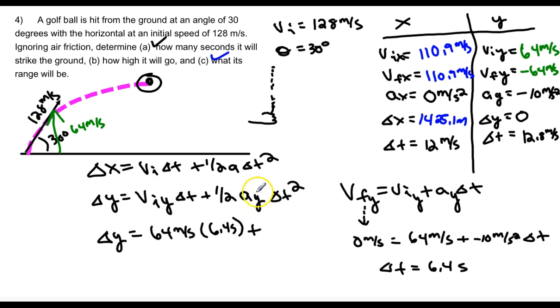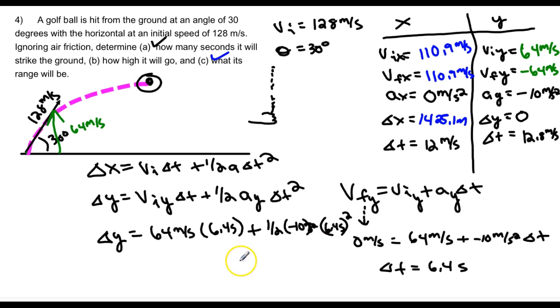Plus 1/2, and remember we're using 10 for gravity in this case. It's going to be -10. That's meters per second squared. Times delta t of 6.4 seconds. And that 6.4 is going to be squared there.